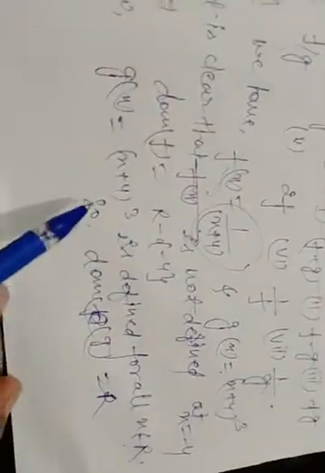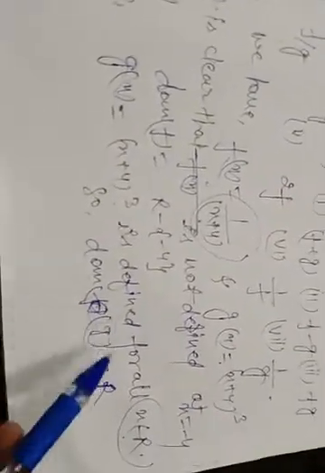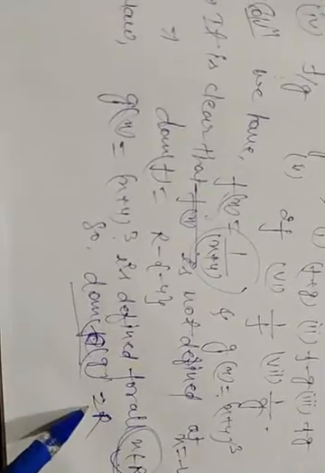So the function g of x is equal to x plus 4 whole cube is defined for all x belonging to real numbers. So domain of g is R, real values.